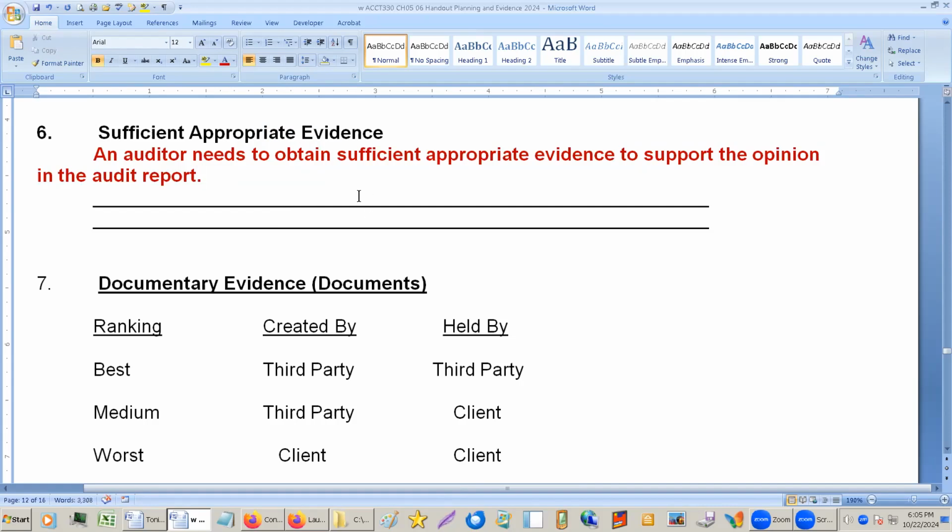Now, when we say sufficient, we're talking about a quantity. And appropriate is actually sort of a quality, but you can also think about it as relevance. It is a quality, though.